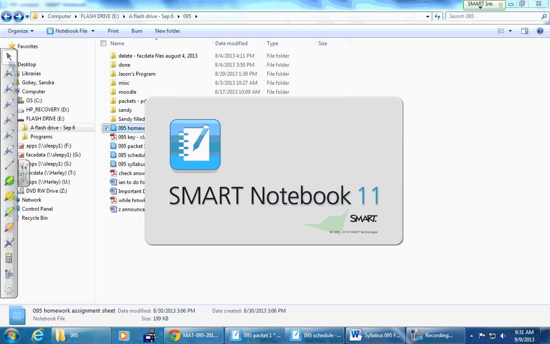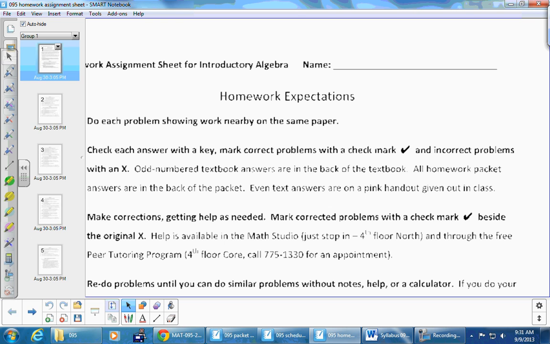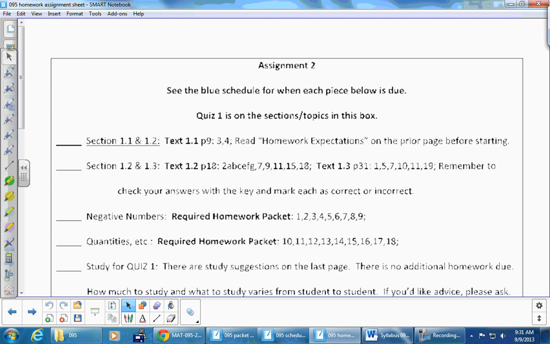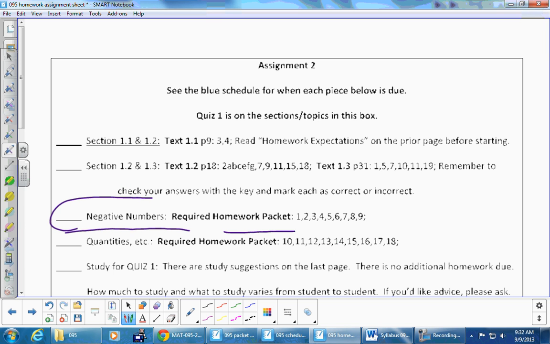So if you guys have that green 3-page thing handy, you'll see an assignment that just says negative numbers. Okay, yeah, here it is. Everybody see, negative numbers? This is in the required homework packet, which is that green packet. Okay, good question.